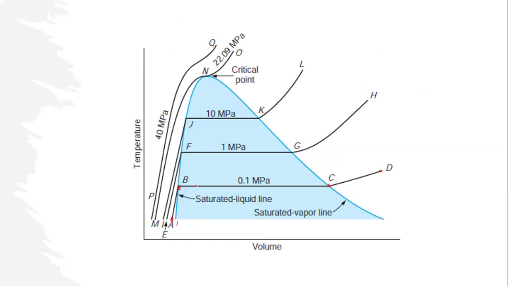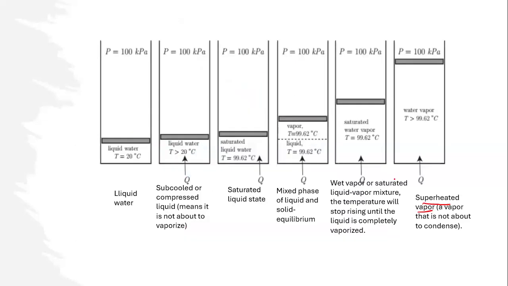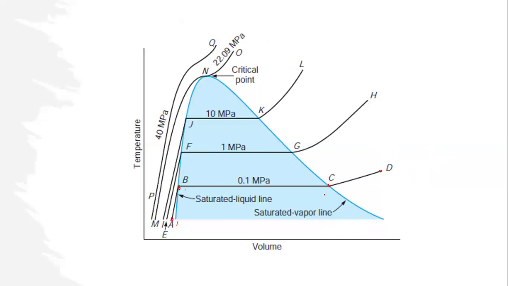And then here's that equilibrium, which is this part that I've just read over here, whereby the temperature now stops rising. The temperature is now constant from B to C. And therefore, from C to D, we are talking about the superheated vapor now. You understand? So that means here we still have the liquid, and then there we have the vapor, right? So that's what is basically happening.